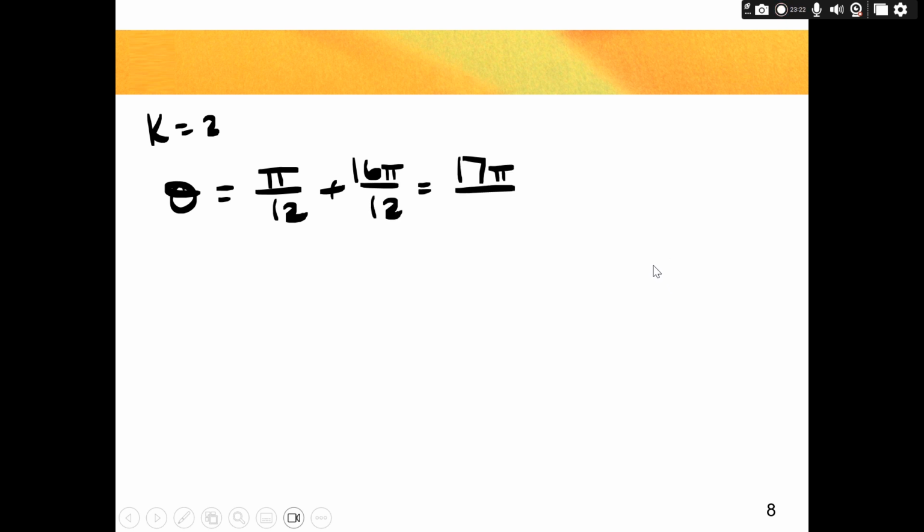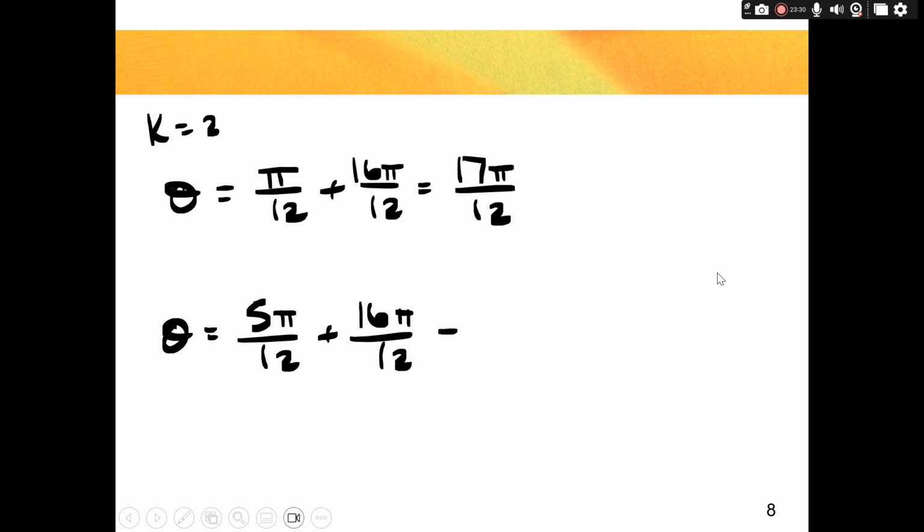Okay, k is equal to 2. Let's go with it. K is equal to 2 sets us up at pi over 12 plus... All right, anybody know why I put a 16 over 12 now? Because if k is equal to 2, it means 8 pi over 12 times 2, right?